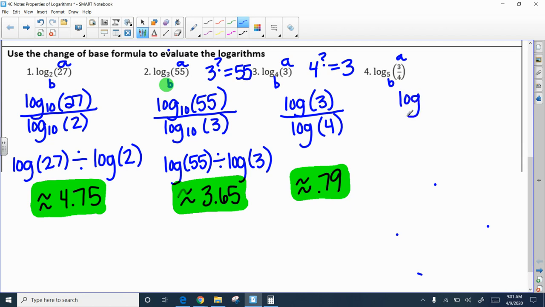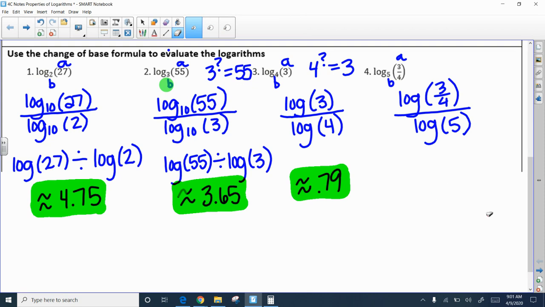So using the change of base formula, it's going to be log of a, so log of 3/4 divided by log of b, so log of 5. So remember that the base is always on the bottom. So log of 5 is on the bottom. All right, so again, let's evaluate that on our calculator.